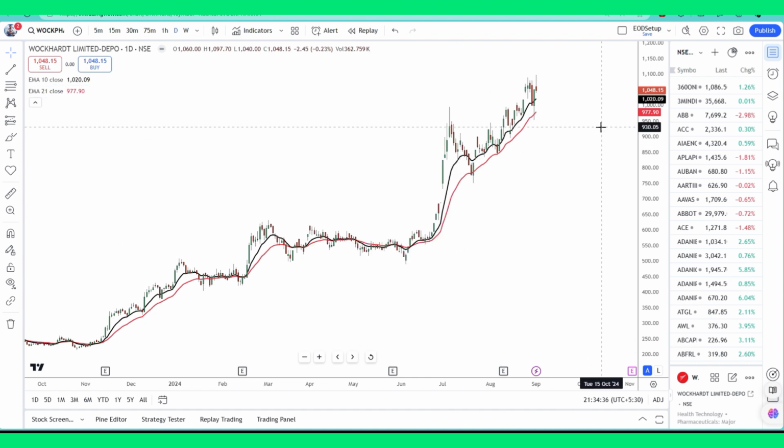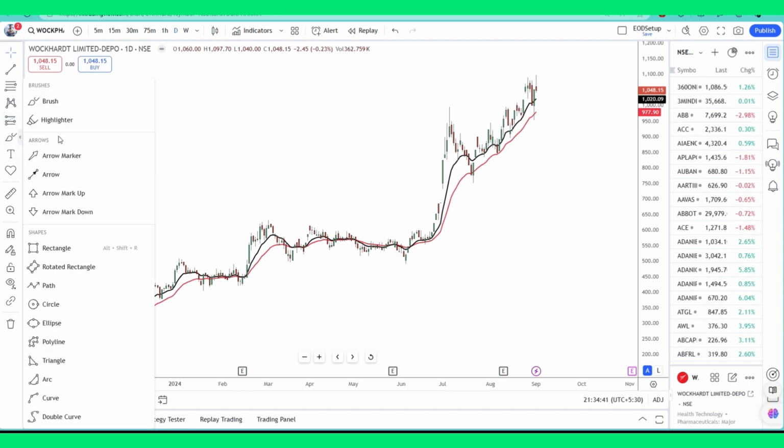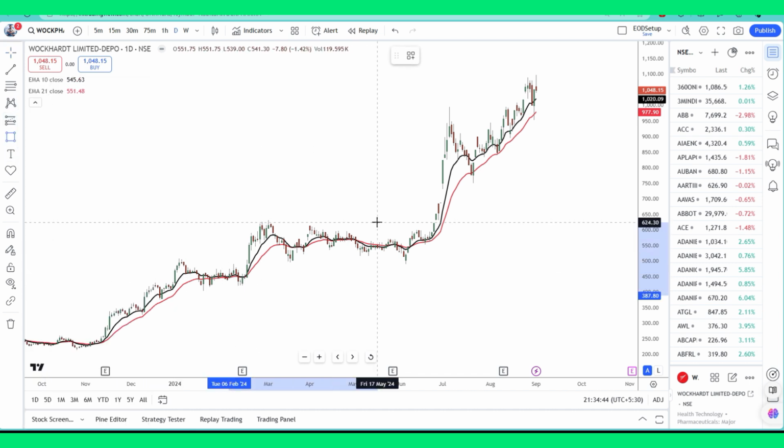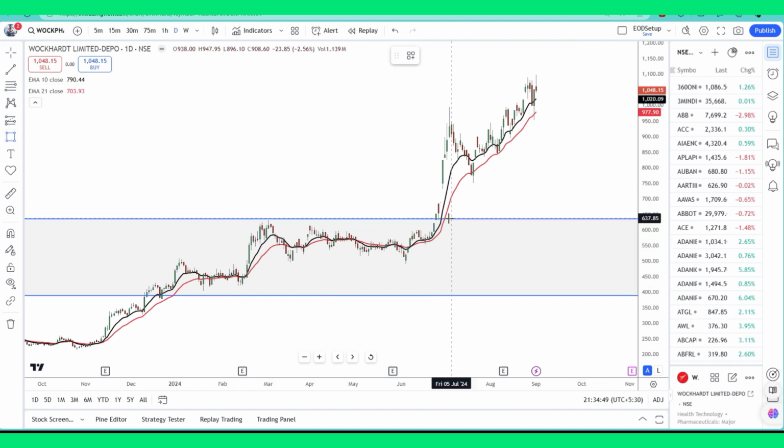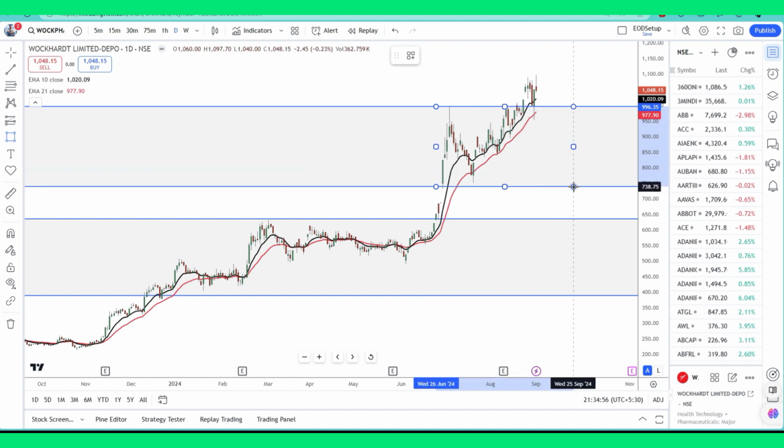Okay, so we can see that the stock did a beautiful base building here, and now when it shot up till here, it made a pullback and is just now trying to break out of this base. You can also see there is a huge gap up here which looks like a runaway gap. So this stock also retested the 21 EMA.